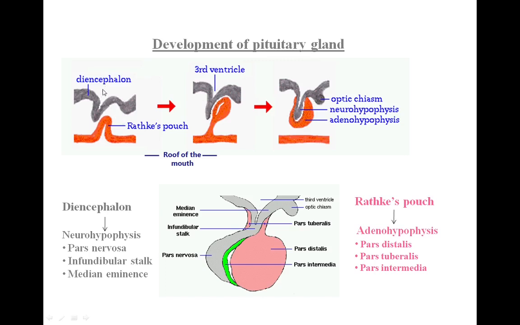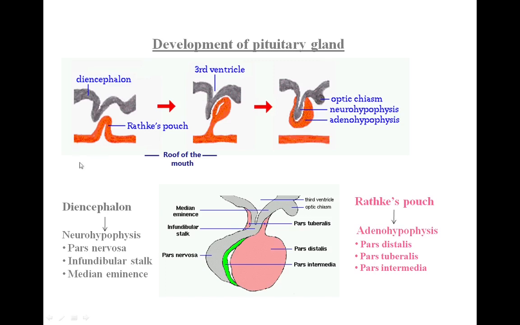Posterior pituitary is connected to the neural tube, that is, to the thalamus. Thalamus is developed from the diencephalon, a part of the prosencephalon. So from the diencephalon, the thalami will develop, and from the floor of the diencephalon, there is an ectodermal thickening, finger-like thickenings, that will come downwards.